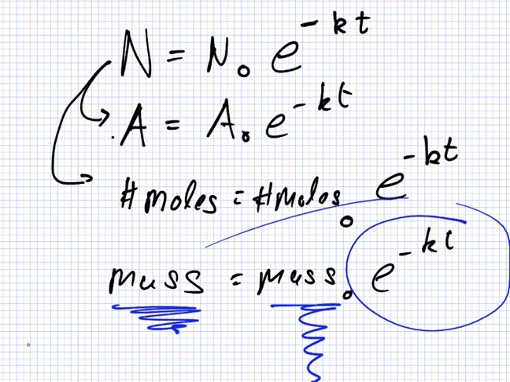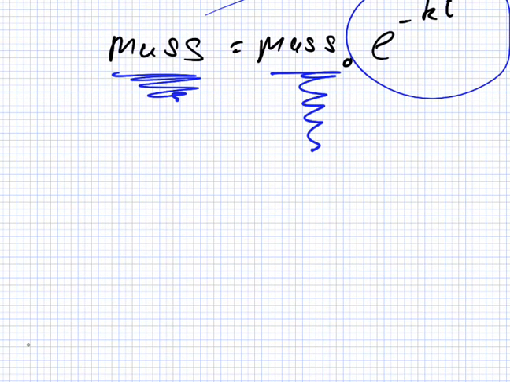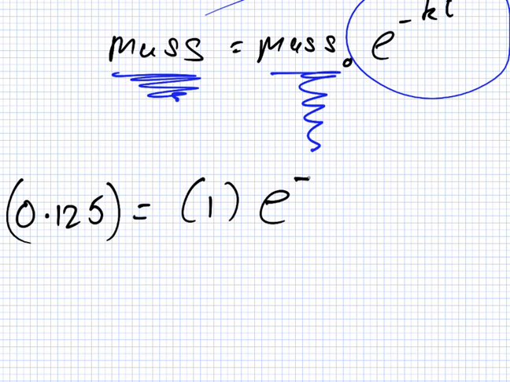So if I want to know how long until I have 0.125 moles, I can just use that instead of n or a or whatever. So we have 0.125 equals, how many moles are at the start? 1, e to the minus, and what's the k? 1.29 times 10 to the minus 5. And we're looking for the t here.